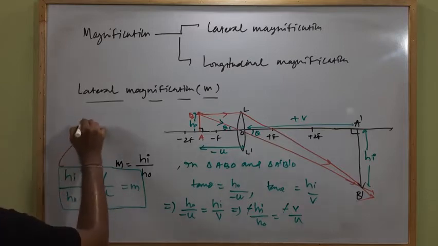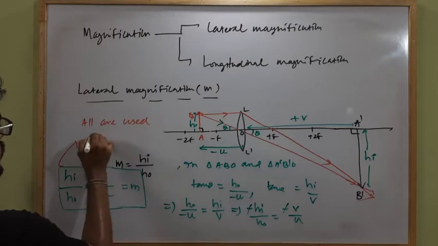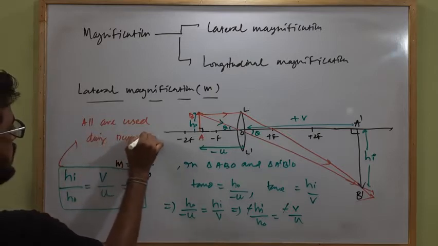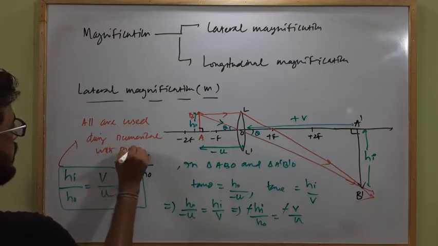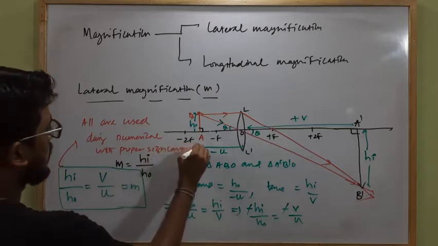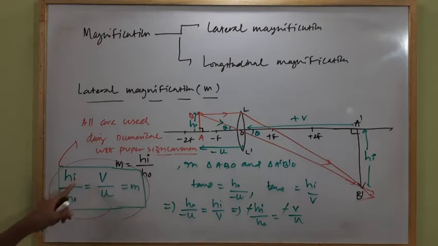All are used during numericals with proper sign convention. Okay, you have to use this formula for the lateral magnification, height of image, height of object, distance of image, distance of object, with proper sign conventions. Clear?